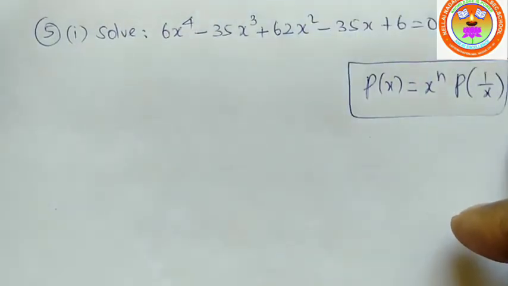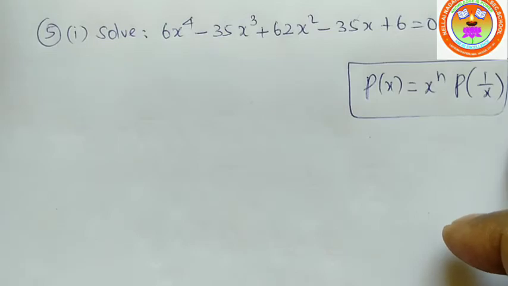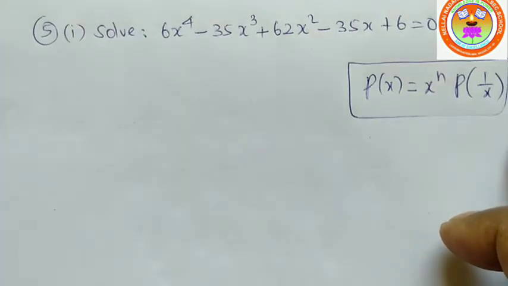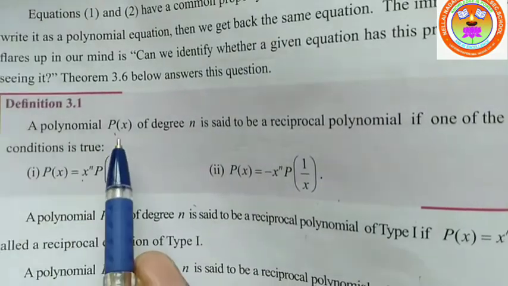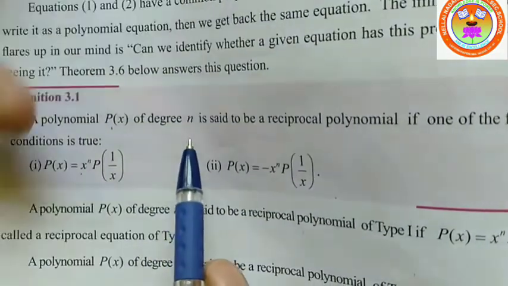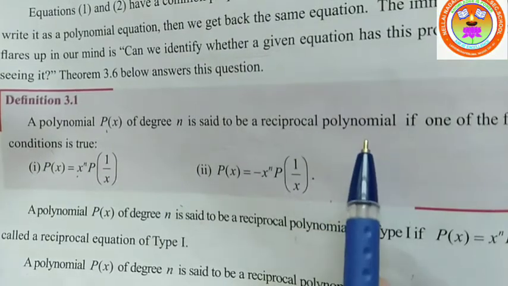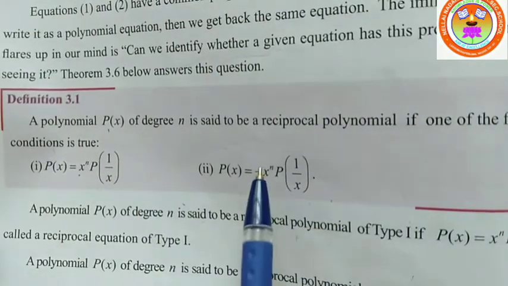A polynomial p of x of degree n is said to be a reciprocal polynomial if it satisfies any of the two conditions. See the conditions now. There are two conditions, right?